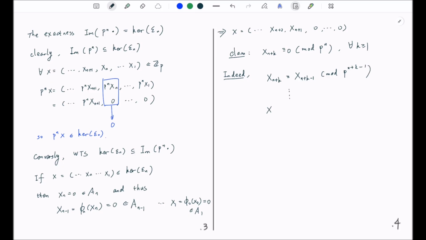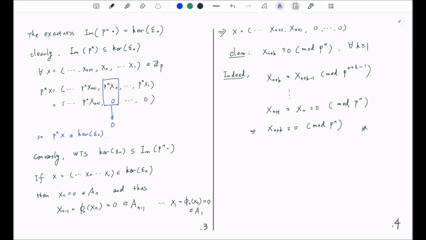And you go all the way down to x_{n+1} congruent to x_n, which is congruent to 0 modulo p^n. And you put all these congruence equations together, because those powers are higher than p^n, we have that x_{n+k} is congruent to 0 modulo p^n.